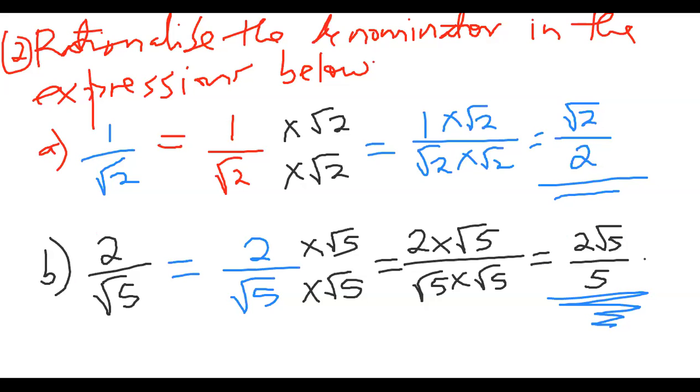Let's do part C together as well. Hope that you've done the corrections there. Part C, you can have root of 2 divided by 3 root of 5. Rationalizing the denominator.